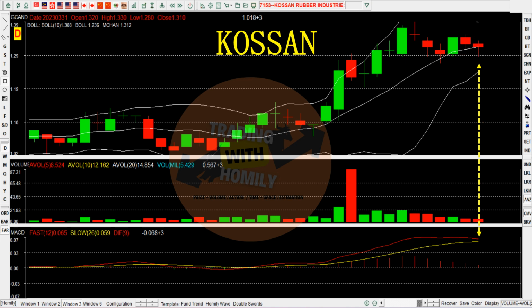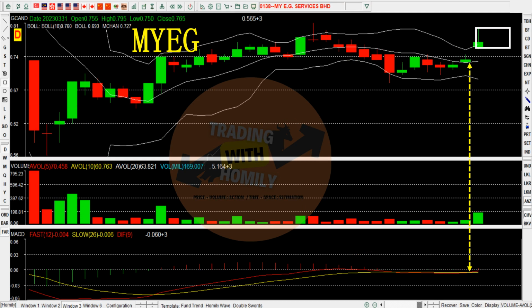All right. The last one I want to talk about is MYEG, because MYEG now has good news, right? So we can say today the price directly gapped up, but finally closed with a bullish candlestick with a long upper shadow.